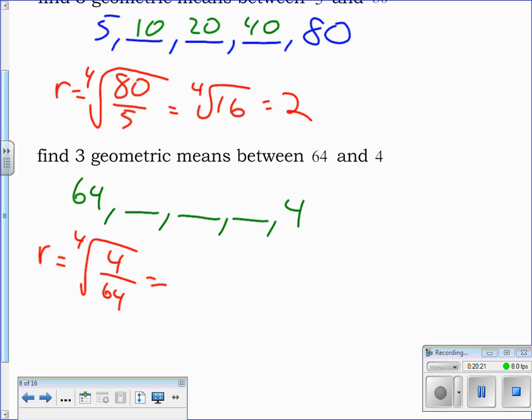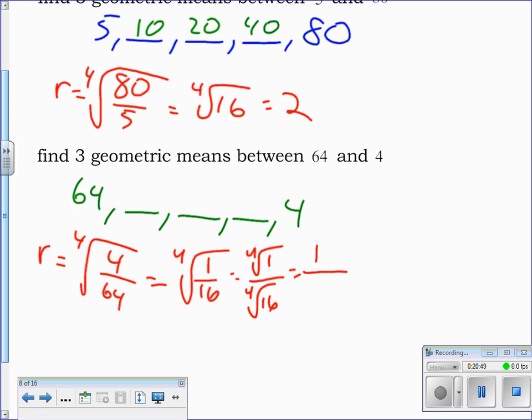However, we can reduce the fraction first, and you get the fourth root of 1/16, which is the fourth root of 1 over the fourth root of 16, and the fourth root of 1 is 1, the root of 1 is 1, no matter what the root is.